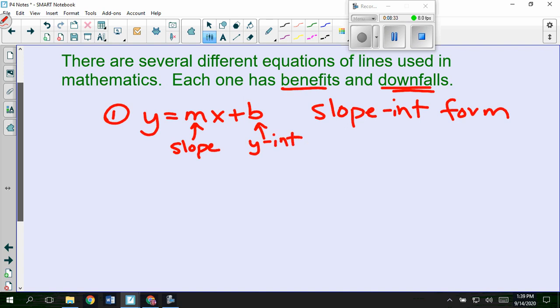The slope-intercept form is probably the most popular form to write equations in. It's in a nice y equals format. It's very easy to see and identify the slope. The y-intercept is present, so there's great usage there.